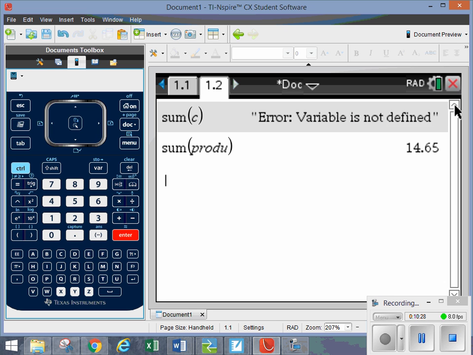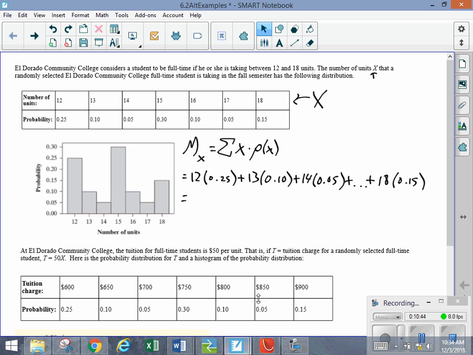So, to interpret that, if we were to grab a bunch of students at random from the college, we'd expect their mean units taken to be about 14.65. So we'll put that back here in our formula.